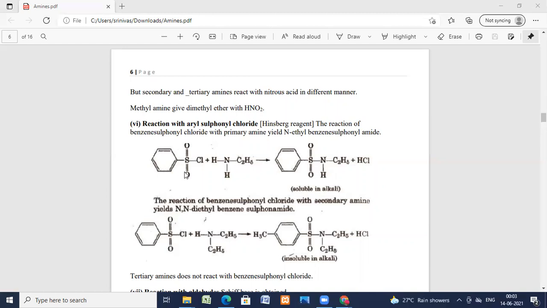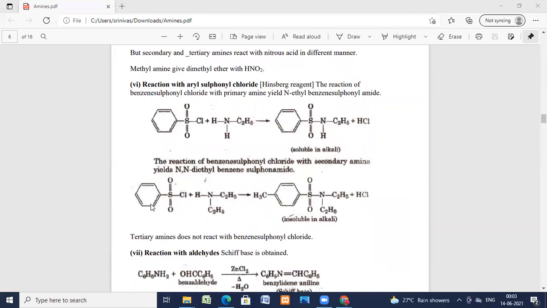So benzene sulfonyl chloride reacts with ethylamine, and thereby you can see N-ethyl benzene sulfonyl amide is formed. It is soluble in alkali. The reaction of benzene sulfonyl chloride with secondary amine yields N,N-diethyl benzene sulfonamide.